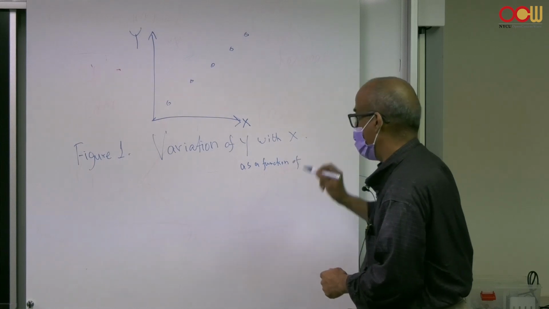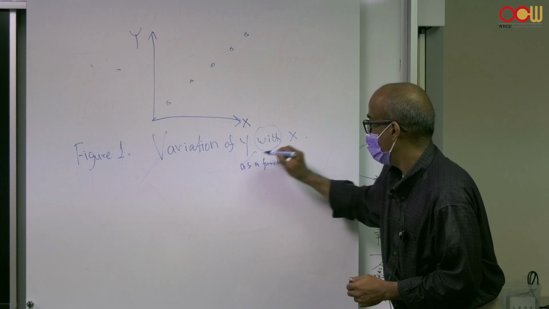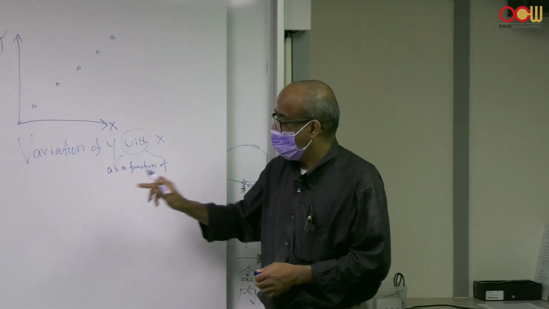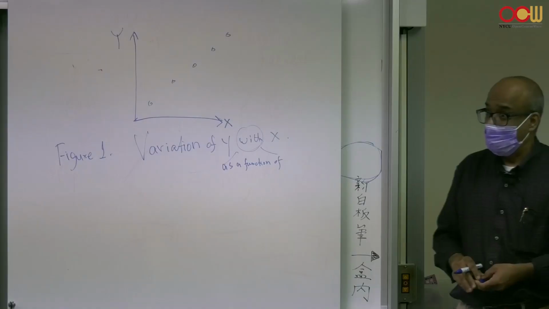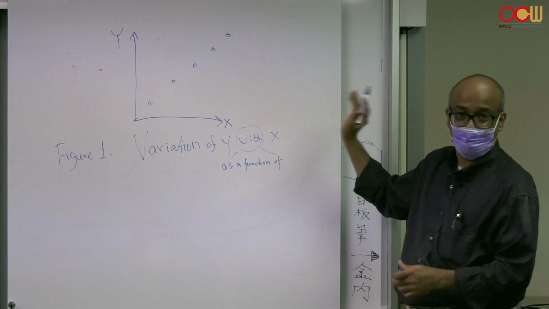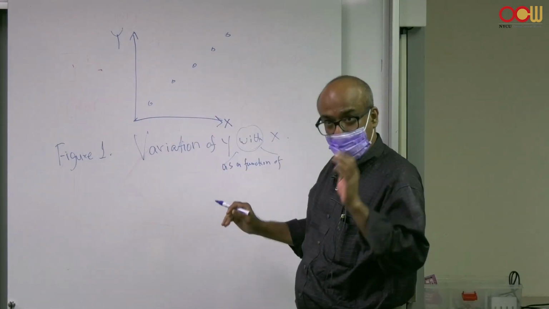So variation of y as a function of x. This is a simple caption, but things will get very difficult. So very simple, variation of y with x. Remember, what is this? So this is a variation of y with x. Now, Wayne was trying to say that this is linear. Let's make it linear.